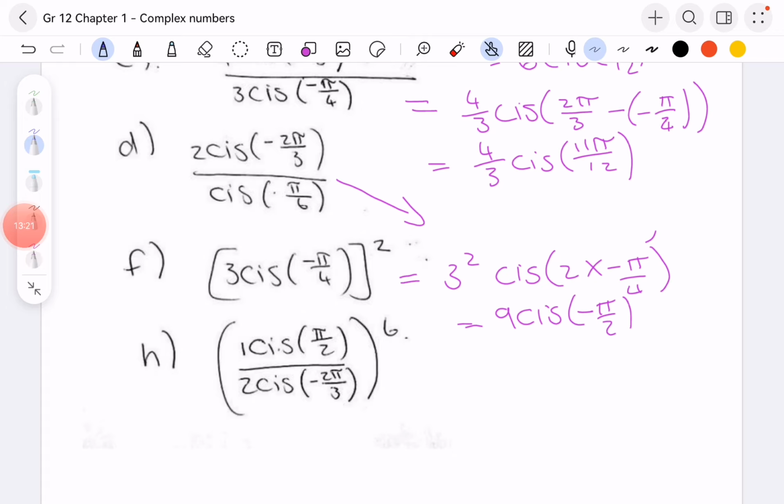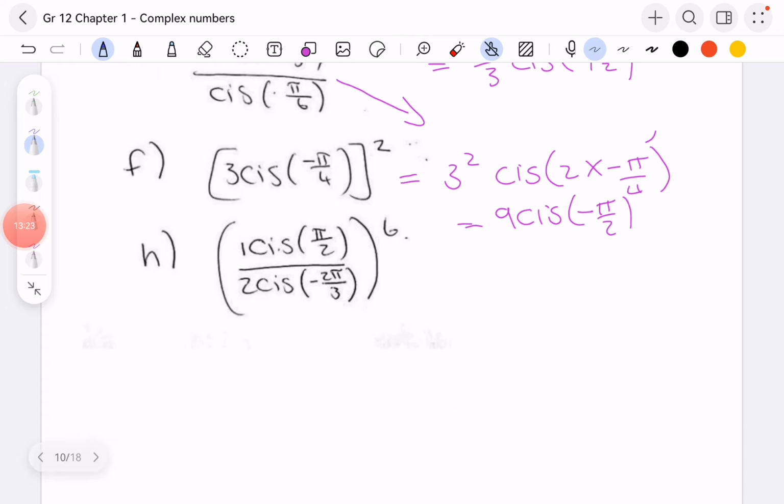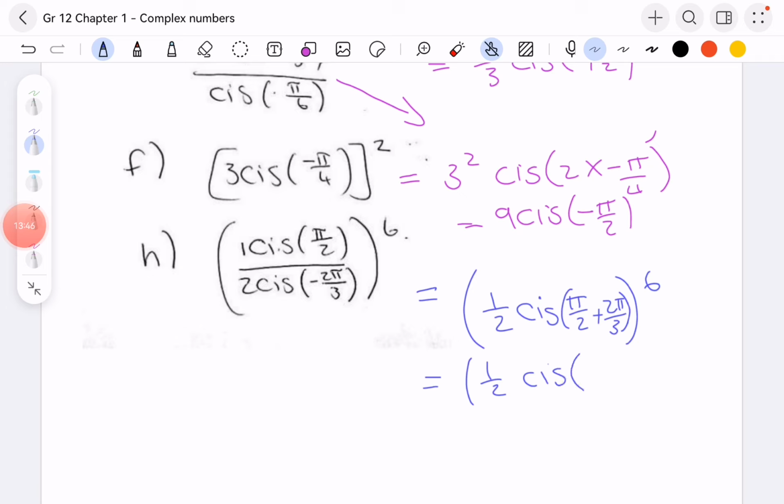If I were to look at the harder one, like number H, I can first simplify the inside, where I'm dividing. We know I have to divide the R values, and I have to subtract top minus bottom. Negative becomes a positive, and De Moivre says I can give this exponent to the R value, and I have to multiply it with my angle.